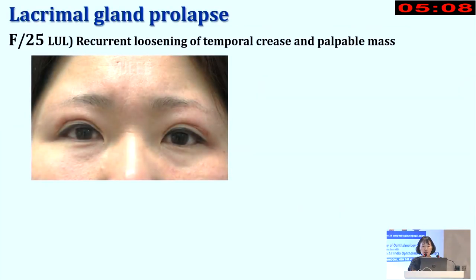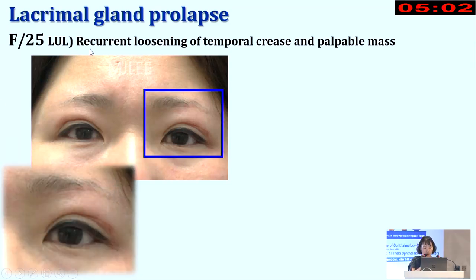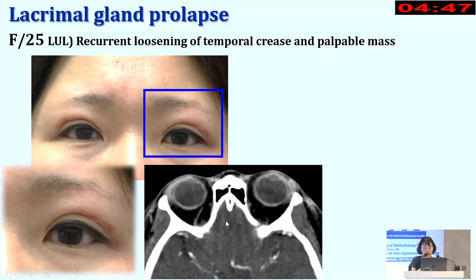And also, lacrimal gland prolapse can be a burden factor. Here is a case, a 25-year-old female who complained of recurrent loosening of the temporal crease and a palpable mass, even after several blepharoplasties. Here you can see partial loosening of the crease and an abnormal fold, and CT scans showed a slightly prolapsed lacrimal gland without any enlargement or enhancement.